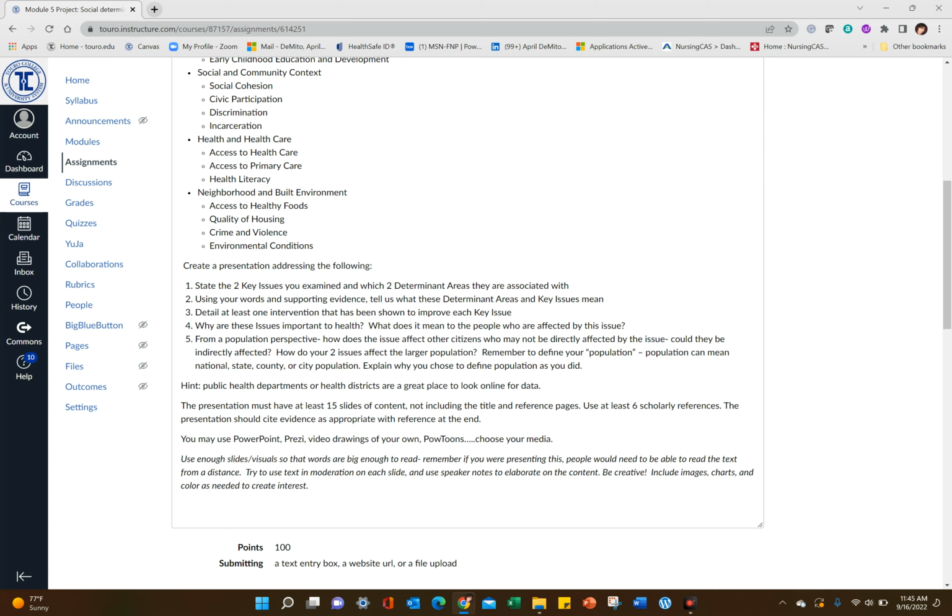How do your 2 issues affect the larger population? Remember to define your population, and population can mean national, state, county, or city population, and explain why you chose the population that you did. And here's a little hint: use public health departments, health districts. You can find a lot of wonderful data using those sites.